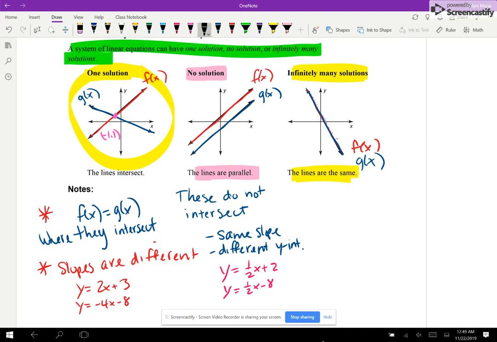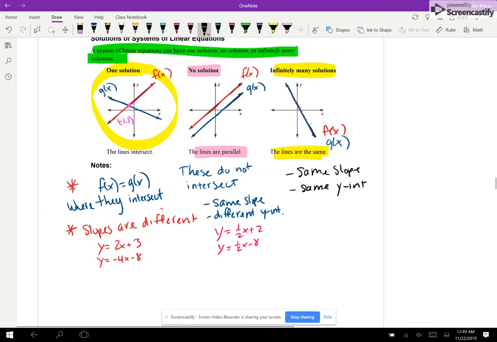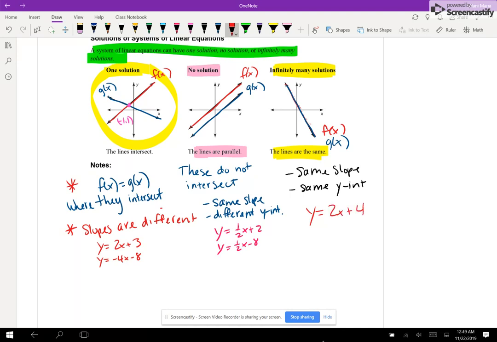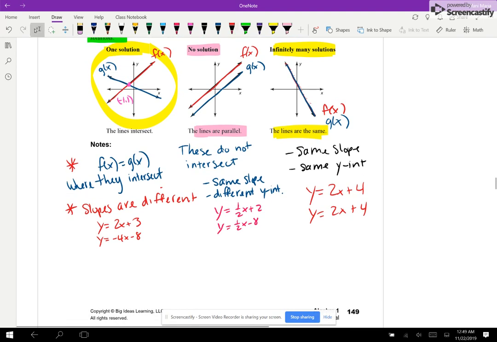If you were looking at the equations, they would have the same slope and the same y-intercept. If I randomly make one up, I'd say y equals 2x plus 4 and y equals 2x plus 4. Typically, they won't give them to you like this.